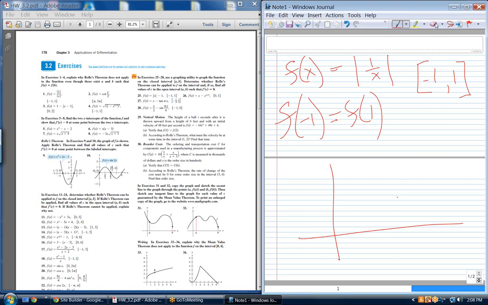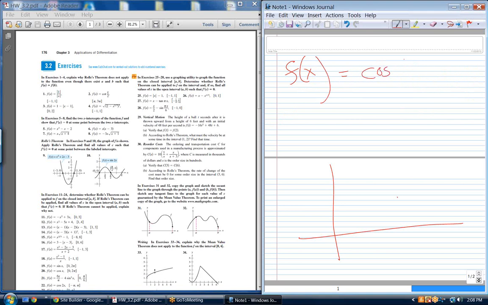So, about cotangent, cotangent of x over 2 on the closed interval pi to 3 pi, because it's also not continuous.